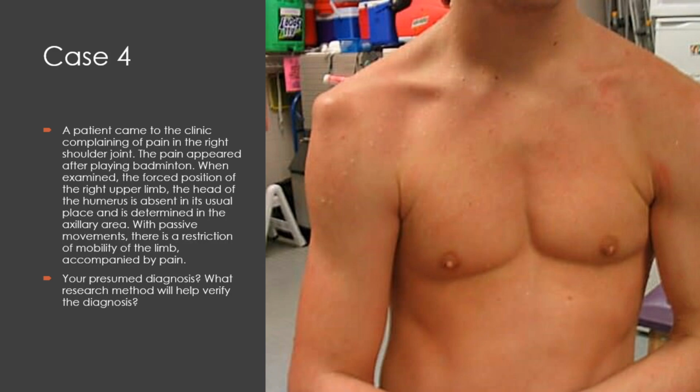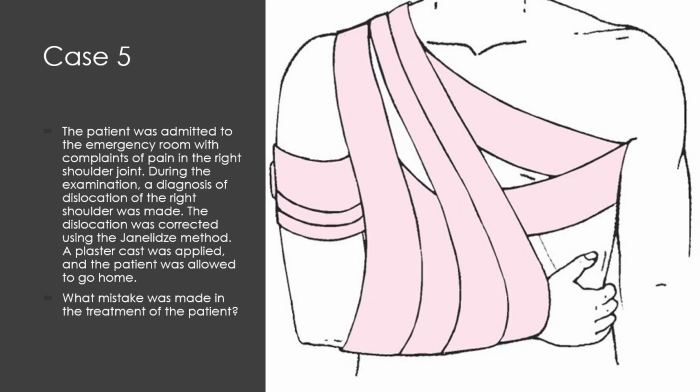With passive movements, there is a restriction of mobility of the limb, accompanied by pain. What is your diagnosis? What research method will help verify the diagnosis? Write the answer to case number 4 in your copybook.